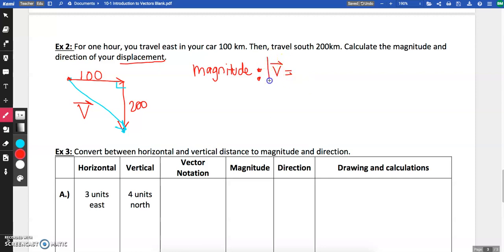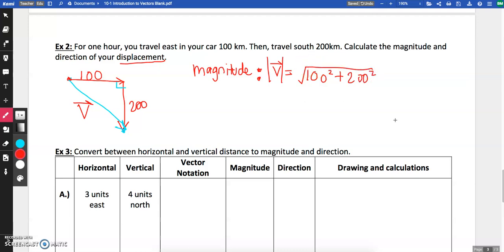So the magnitude, remember we use those absolute value looking bars. They don't mean absolute value, they just look the same. And we can find that with our Pythagorean theorem calculation. So we'll do the square root of our horizontal distance squared, so 100 squared, plus the vertical distance squared, 200 squared.